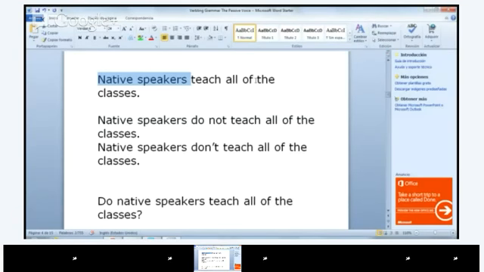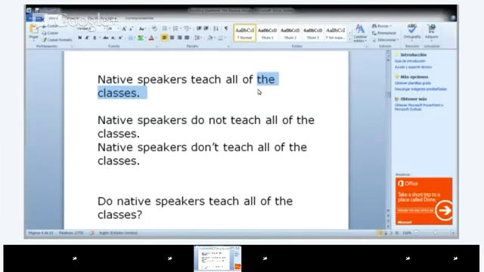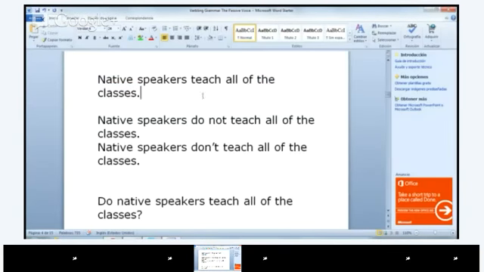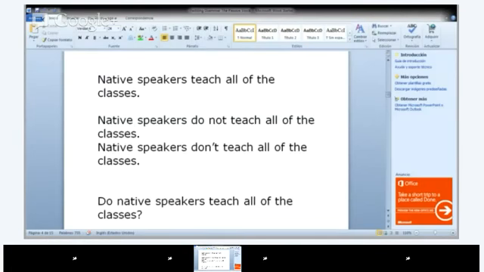That's what we want to focus on. We want to talk about the classes. So we're not going to eliminate the native speakers. So all of the classes now are taught by native speakers.